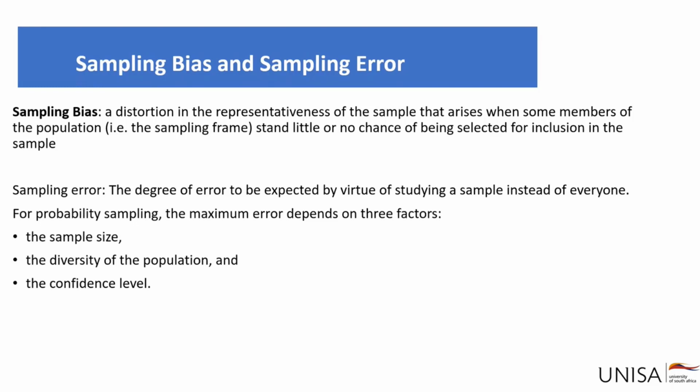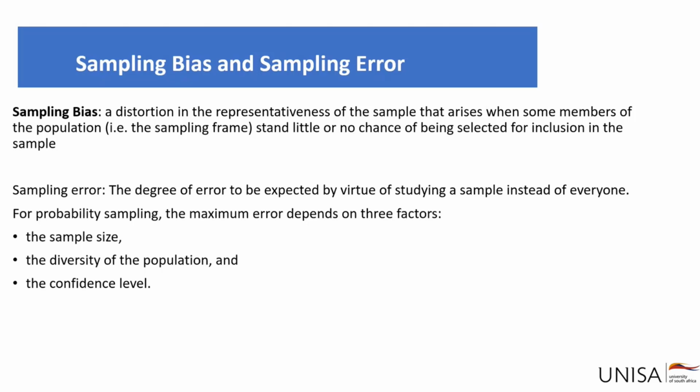Sampling error, for example for probability sampling, there are a number of errors that we can think about. One is the sampling size. Sometimes there were 100 people in the population, and you only dealt with, for example, 20 of the 100, when dealing with all of them would have been a better way of enhancing your study. Then the diversity of the population.